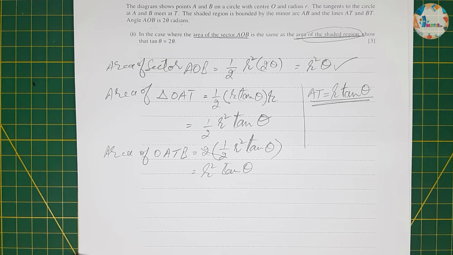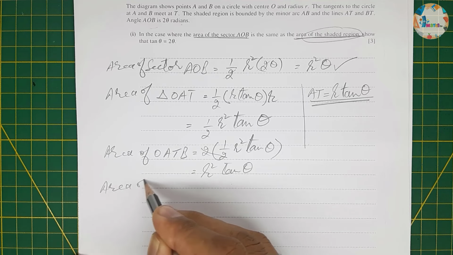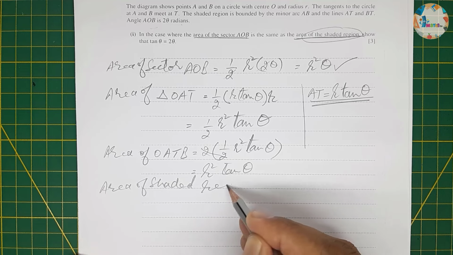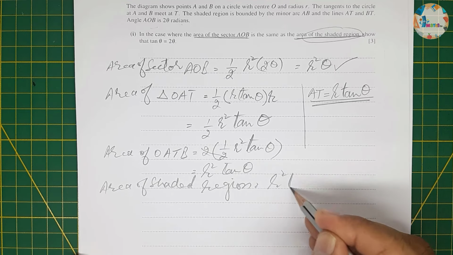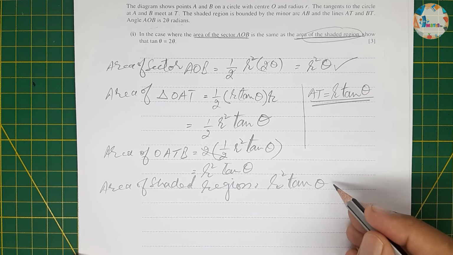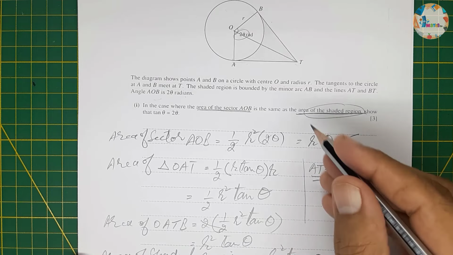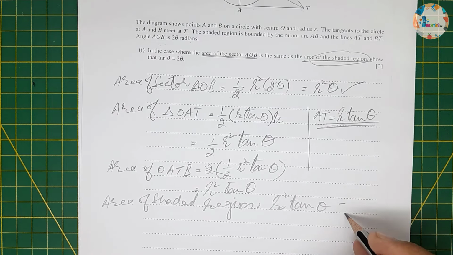Now, with r² tan θ, we can find the area of the shaded region. The area of the shaded region will be equal to r² tan θ, which is the total area, minus the area of the sector. The area of the sector is the white portion, which we will be subtracting from this total.